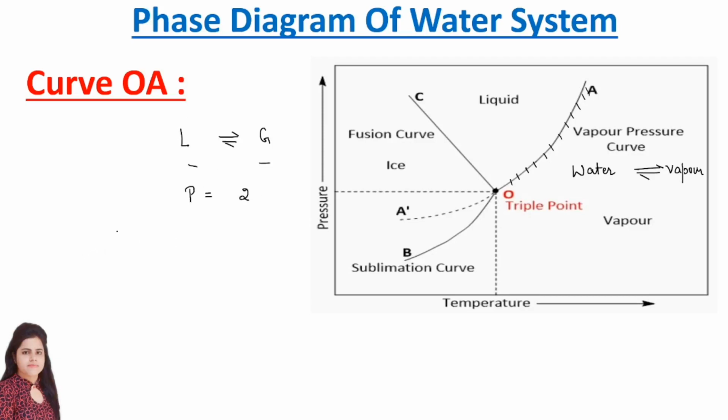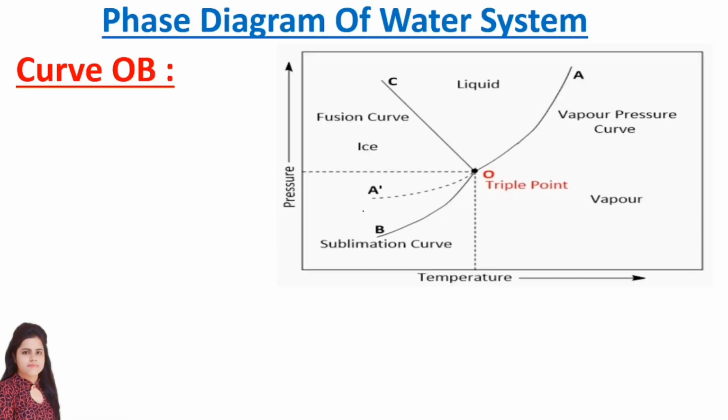According to the phase rule, degree of freedom can be calculated by the formula F = C minus P plus 2. C is the number of components. Water is a single-component system, so C will be 1. The number of phases is 2, liquid and gas, plus 2. So F is 1, which means it is a univariant system.